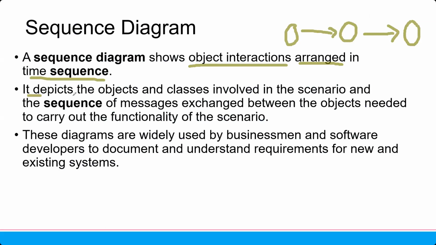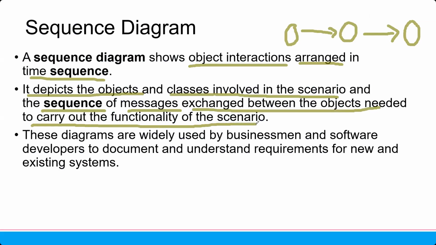We call it, it depicts the objects and classes involved in the scenario and the sequence of messages. Okay, there will be some messages exchanged between the objects needed to carry out the functionality of the scenario. It means every scenario may have a different sequence.